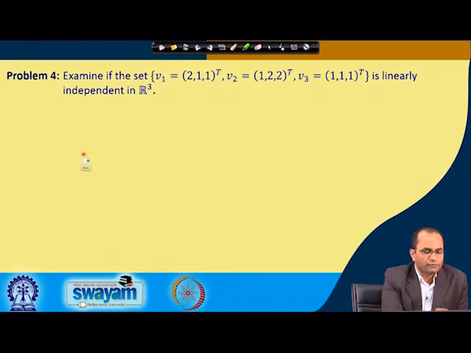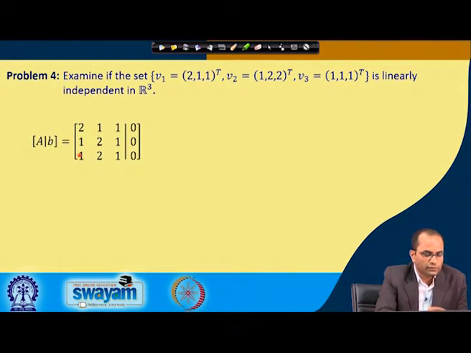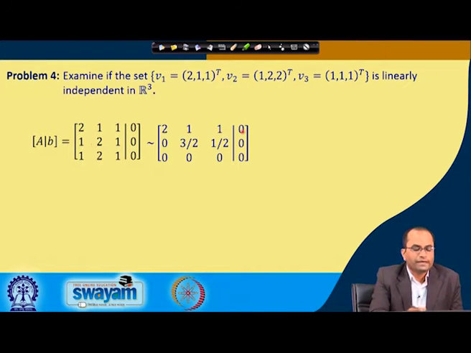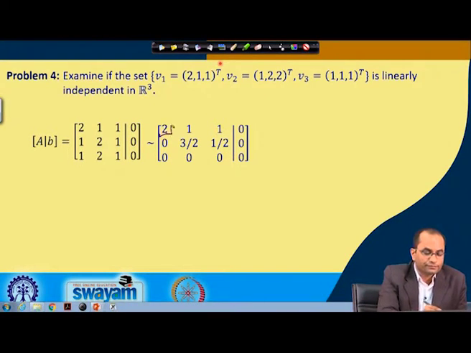So, one of them will become immediately 0 here, and then from equation number 1 we can also reduce equation number 2. So, we finally get this row reduced echelon form, where this is a pivot element and this is a pivot element, and the third column will not have a pivot element.